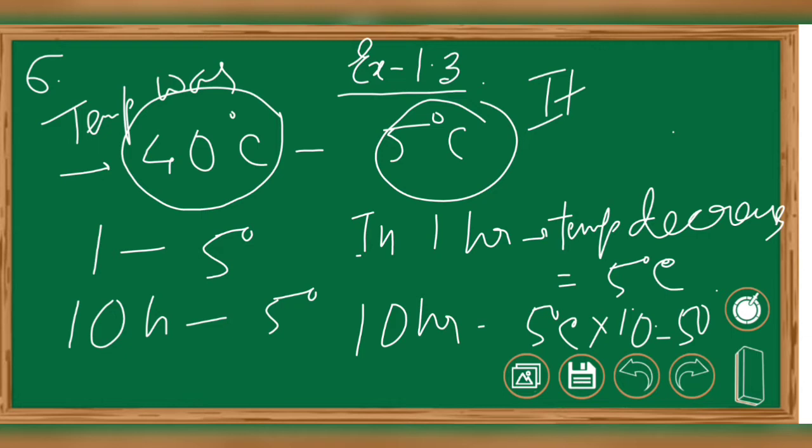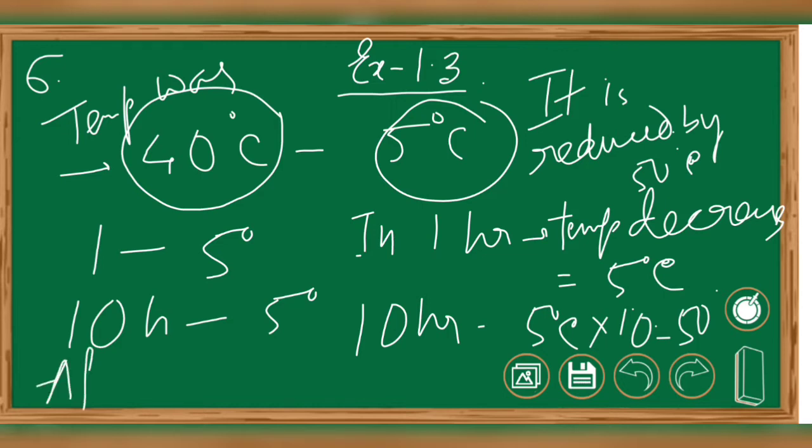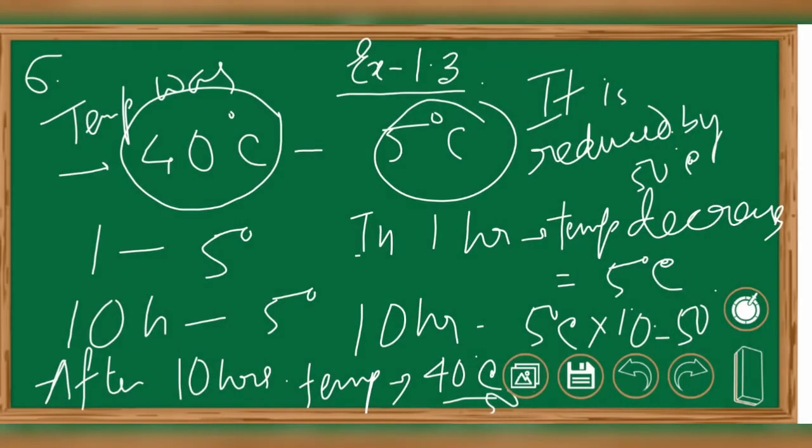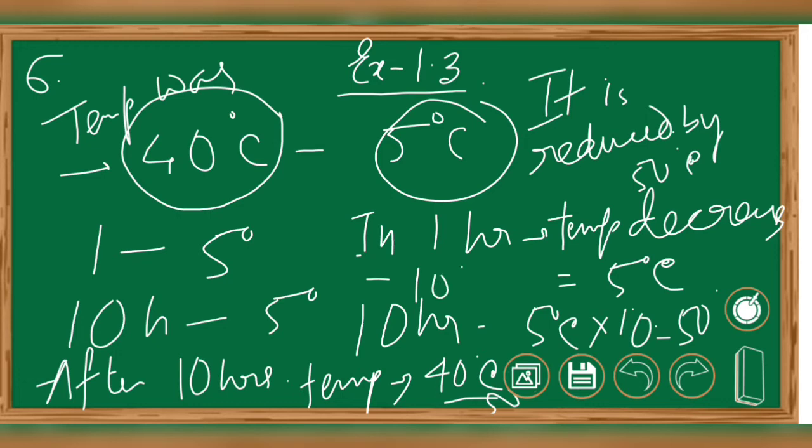It is reduced by 50 degrees centigrade. So what will be the temperature now, after 10 hours? You will write after 10 hours temperature will be 40 degrees centigrade minus 50 degrees centigrade, means it will be minus 10 degrees centigrade. You will write in an arranged way.